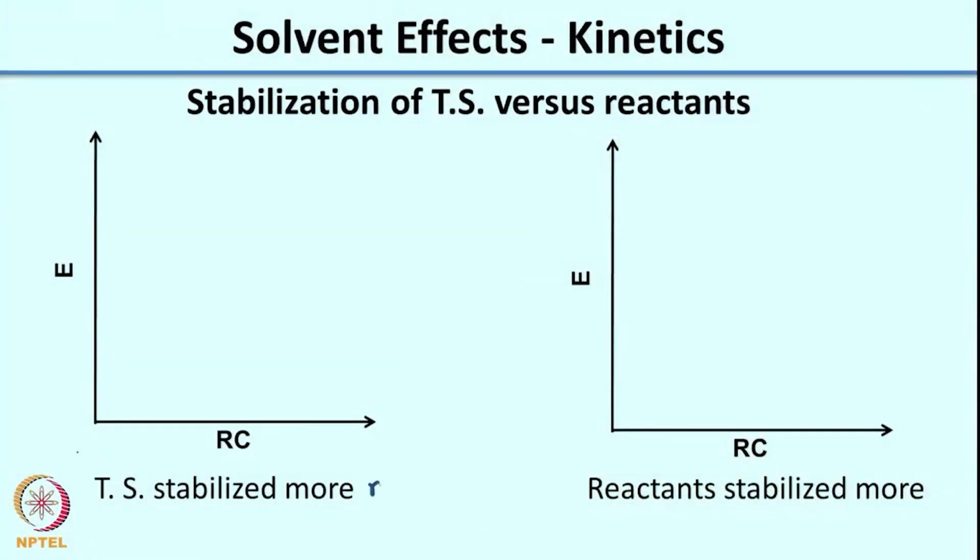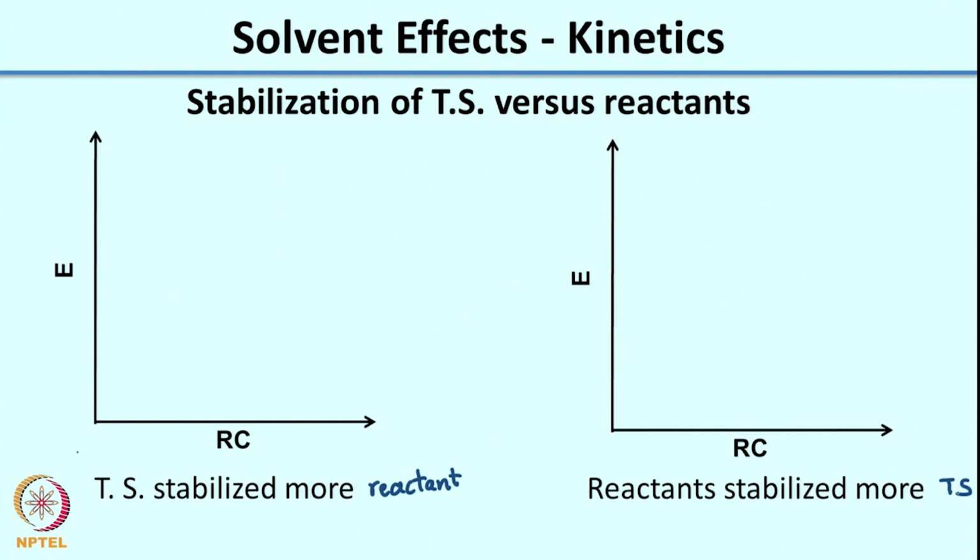So, when you increase solvent polarity, in case A, transition state is stabilized more than reactant. In case B, reactant is stabilized more than transition state.